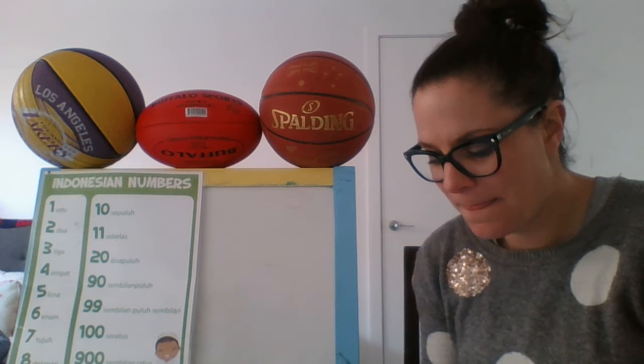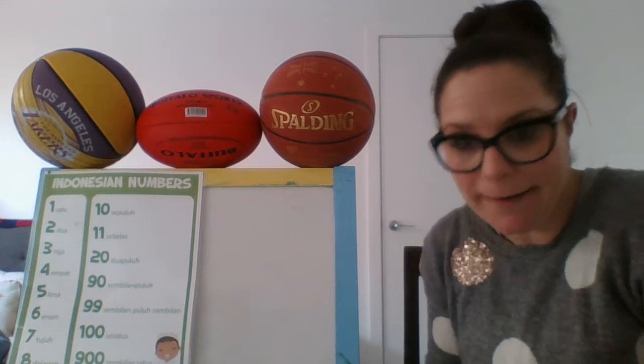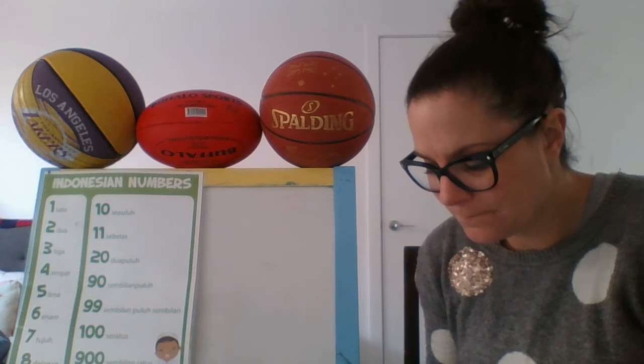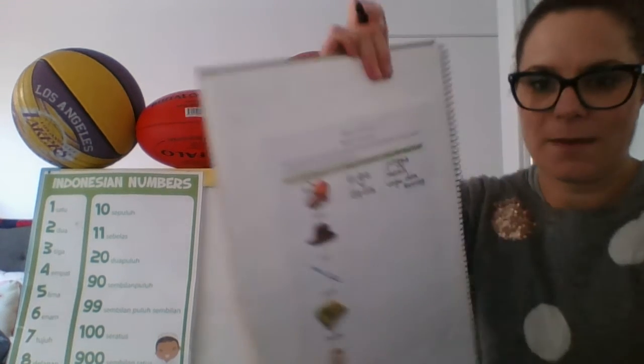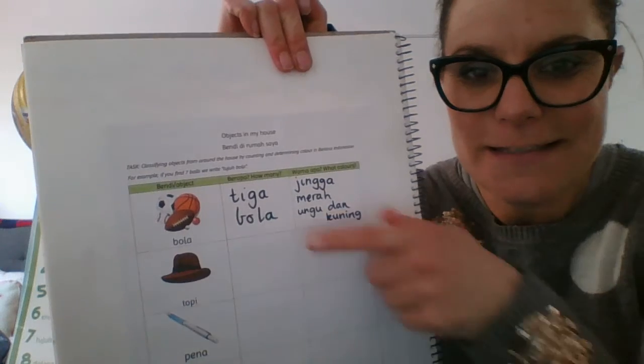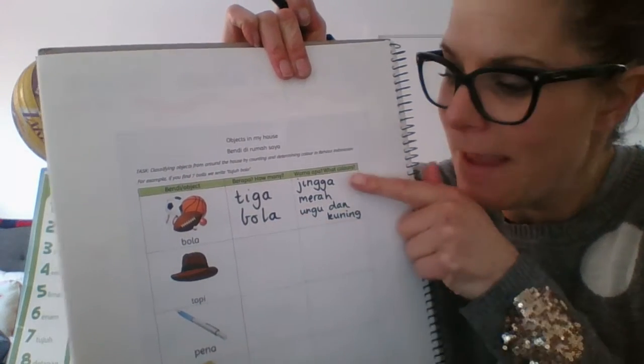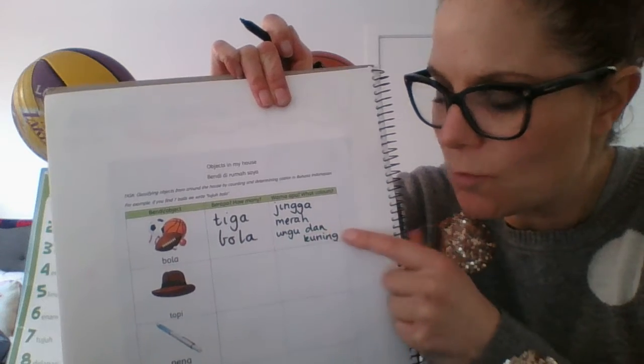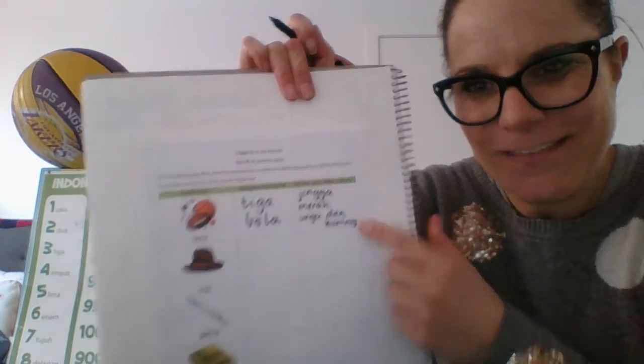So the first one is jingga, the next one is merah, and the next colour is a combined colour of ungu dan kuning. There we go. So I have said that there are tiga bola, and the colours of my balls are jingga, merah, and ungu dan kuning. Cool. Now I'm going to move on to my buku.